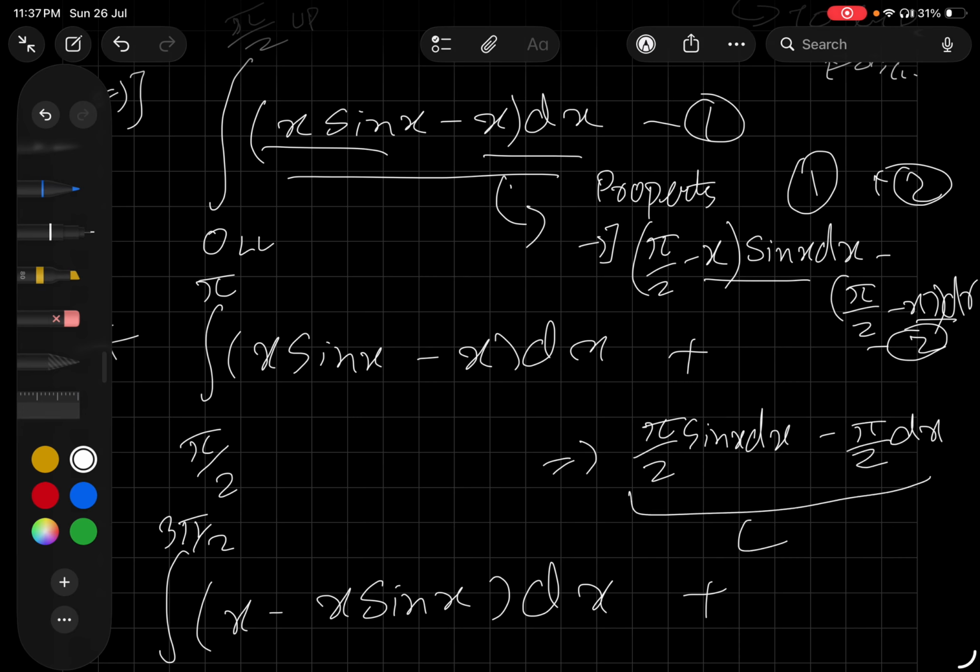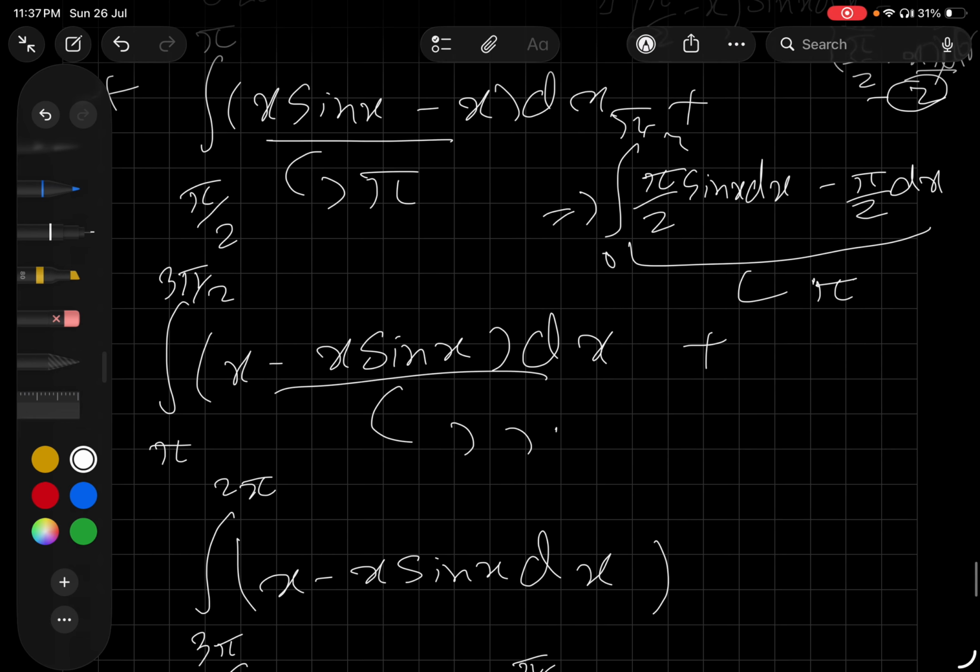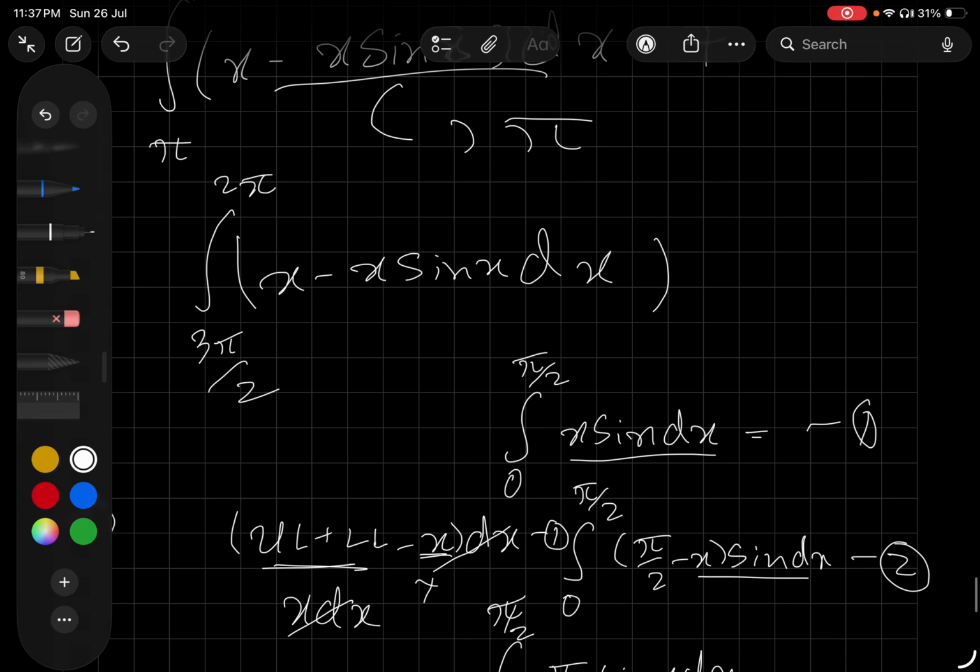This whole term after integrating from 0 to pi by 2 will come out to be pi. The same with this, it will come out to be pi, and the same with this and this.